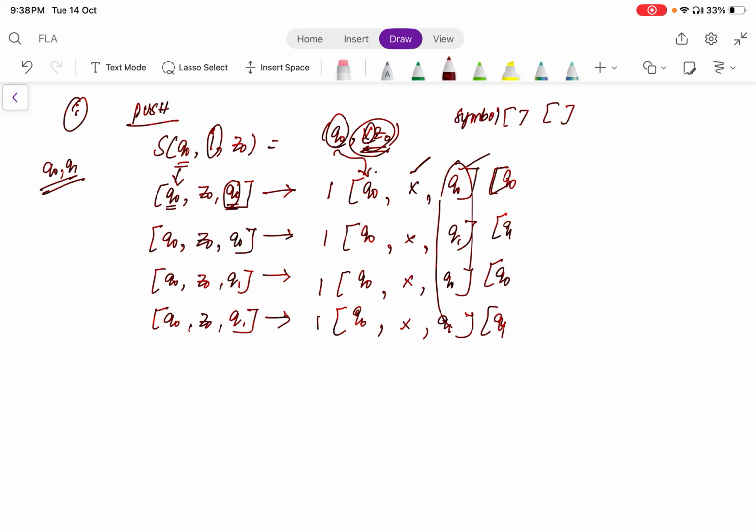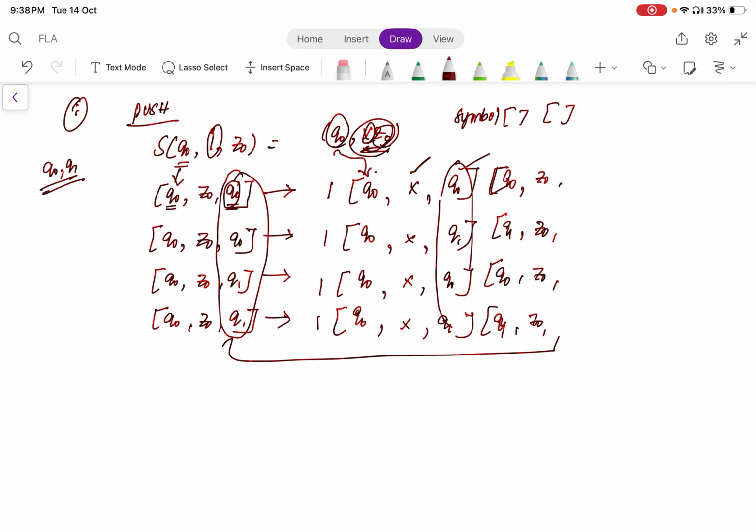So in the second tuple, the first elements are q0, q1 alternatively, comma, the second symbol of your stack, Z0. Then the final one is whatever you have written here, that is q0, q0, and q1, q1. That's all.